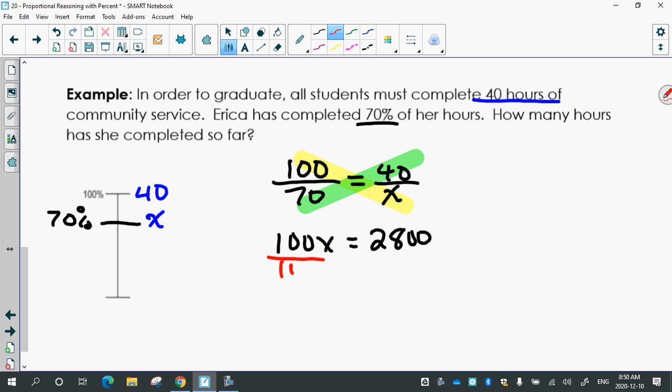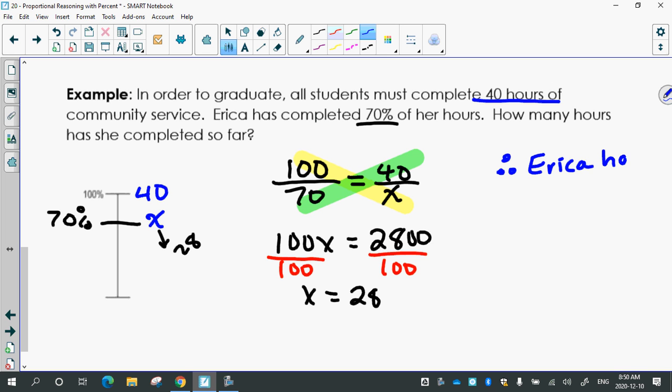Divide by 100, and you get X is 28. So that X there is 28, which means she's done 28 hours of her community service. So therefore, Erica has done 28 hours of service. So that means 28 out of 40 hours is 70% of her hours. Okay?